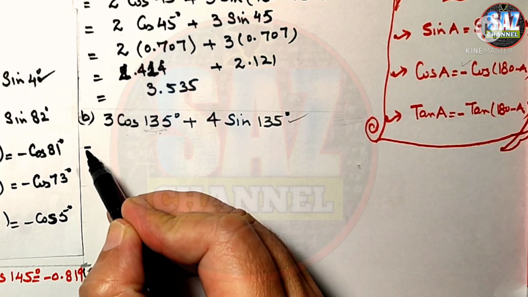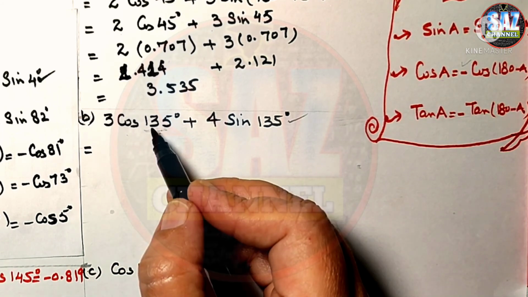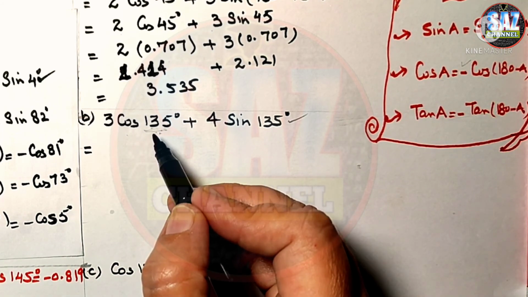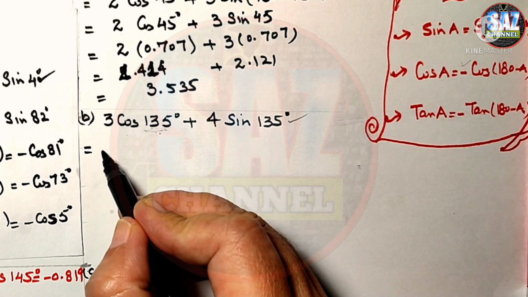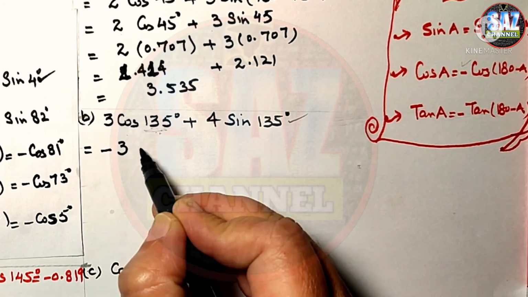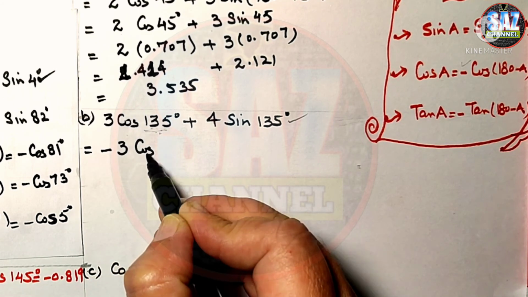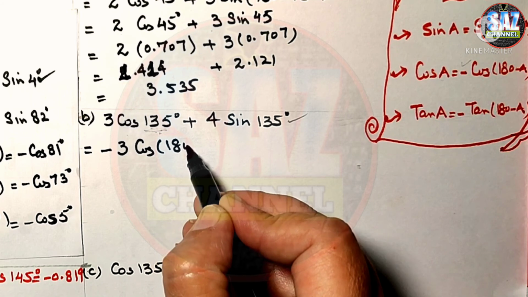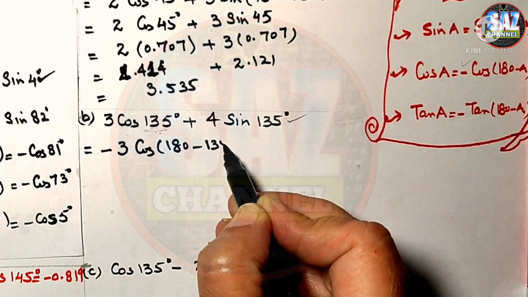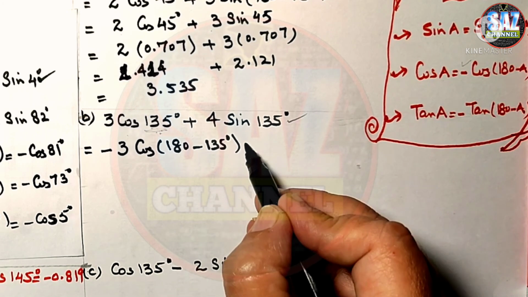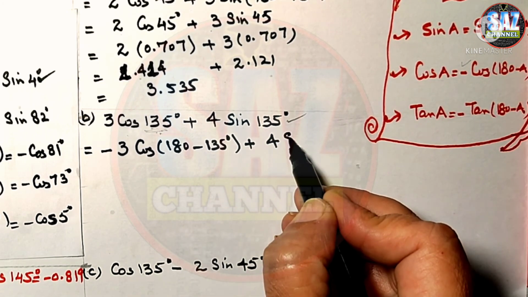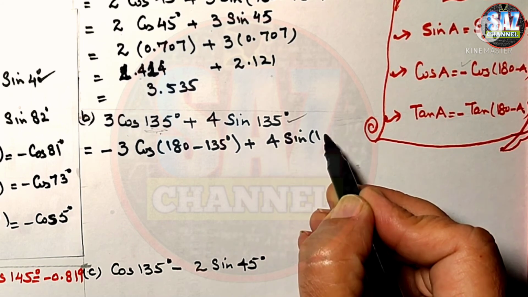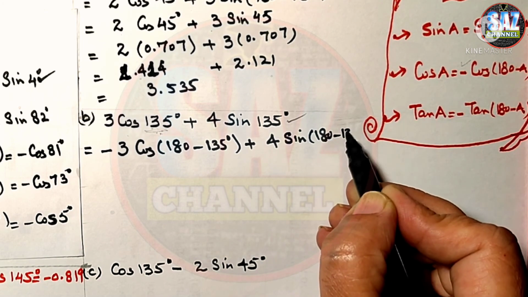Recall the rule that as this is the trigonometric ratio cosine, and the terminal arm is in the second quadrant, it has to be written in the form minus 3 cos 180 minus 135 degrees plus 4 into sine 180 minus 135.